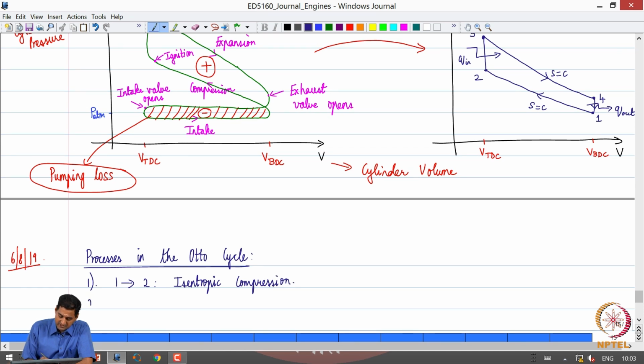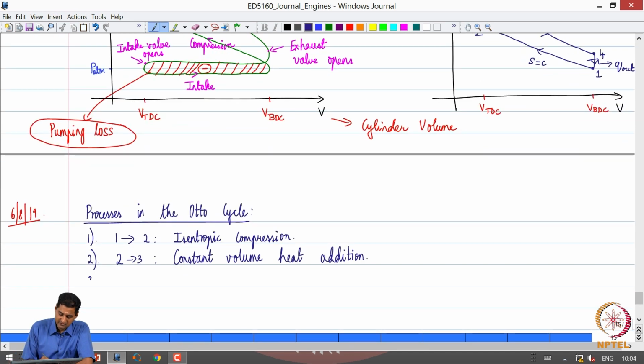The process from 2 to 3 is constant volume heat addition. The process from 3 to 4 is isentropic expansion. The process from 4 to 1 is constant volume heat rejection.